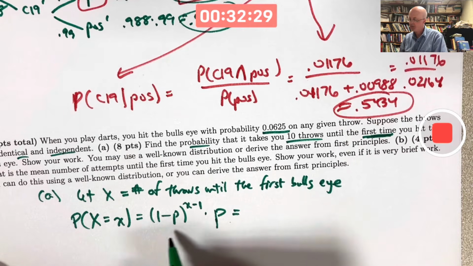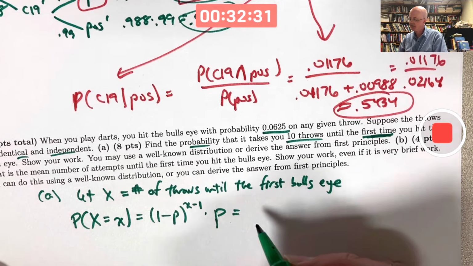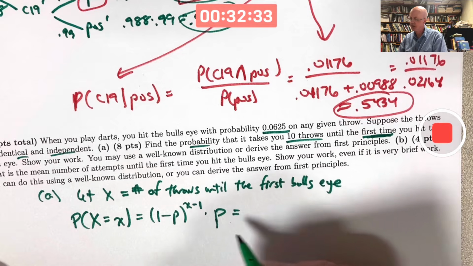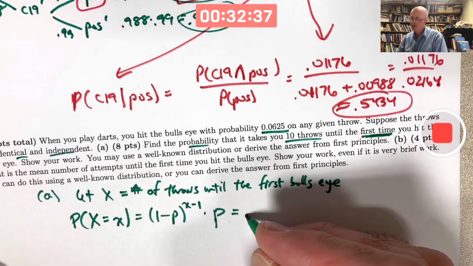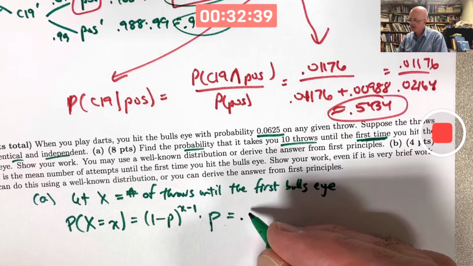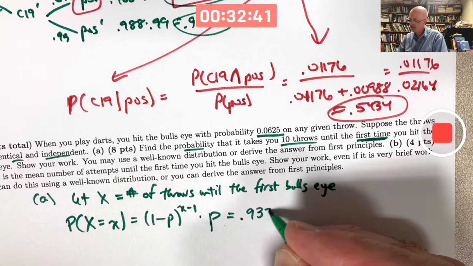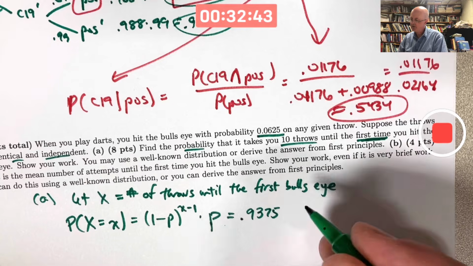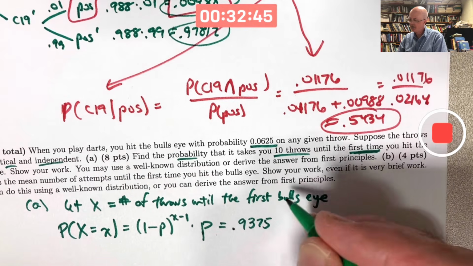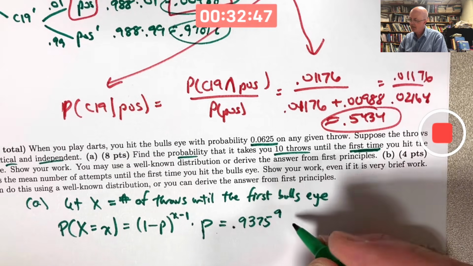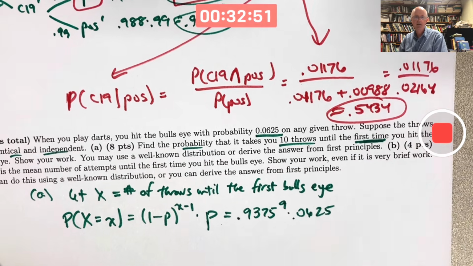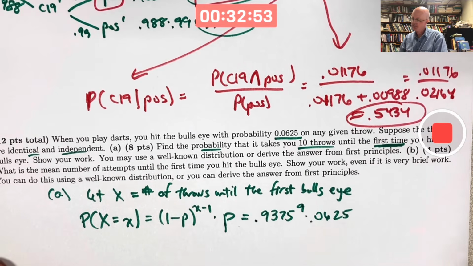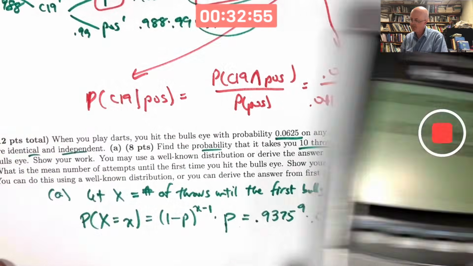So it's the product of those probabilities of failure, x minus 1 times the probability of 1 success at the end. So 1 minus 0.0625, did that in my head, it's 0.9375. Needs to go to the 10 minus 1 power, that's the 9th power, and then 0.0625. That will be the probability that it takes you 10 throws until the first time.